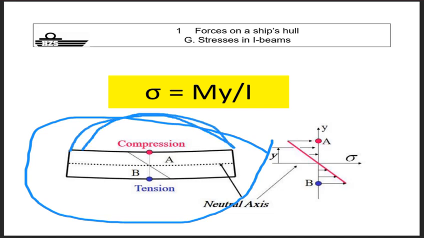Suppose you have a maximum in the middle. Maximum worst case scenarios, you want to make sure that it's fine to know if your beam or your vessel will yes or no fail. So suppose that you want to know here what the tensions are. This will be the point of most interest because there you have your maximum bending moments.